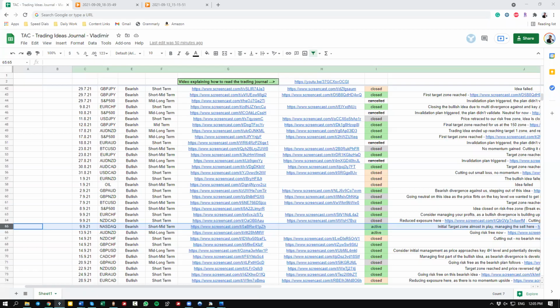Okay, so here we are in our trading journal, where I track record all the trading ideas, and this is the trade I refer to. Again, Nasdaq, bearish idea. It was short mid-term. Now we are carrying it for even more than just a short mid-term, and I want to explain why. So let's begin.